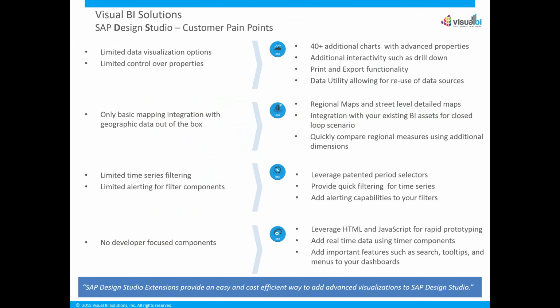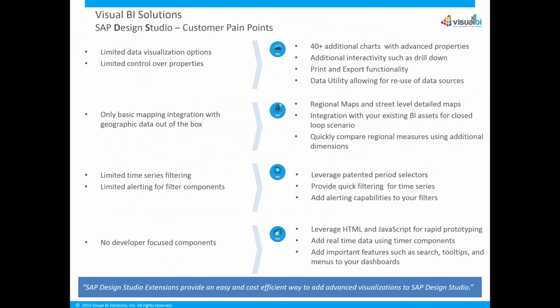So why should you consider the Design Studio extensions, and what might be some of the pain points you have already experienced as part of a Design Studio project? We're focusing on four main areas. Going from the top to the bottom, we're looking at charts, maps, selectors and filters, and topics around making the life of the developer easier.